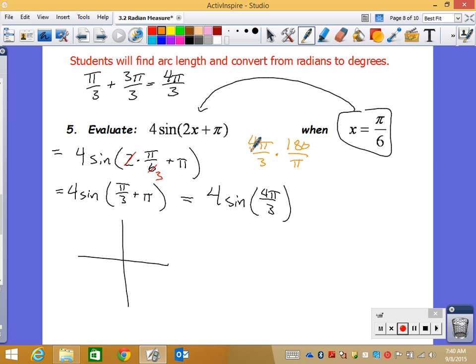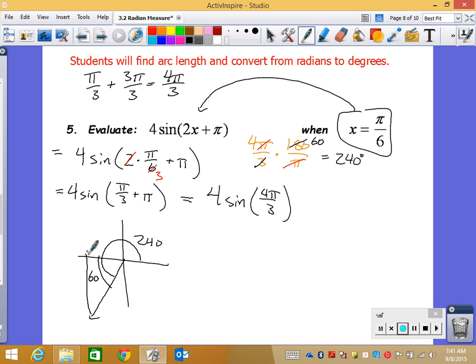My pi's cancel again. 3 goes into 180 60 times, so we get a 240 degree angle measure. So 240 is in between 180 and 270. So we're again in my third quadrant. We really like the third quadrant today. So we're looking at a reference angle of 240 minus 180, or 60 degrees.